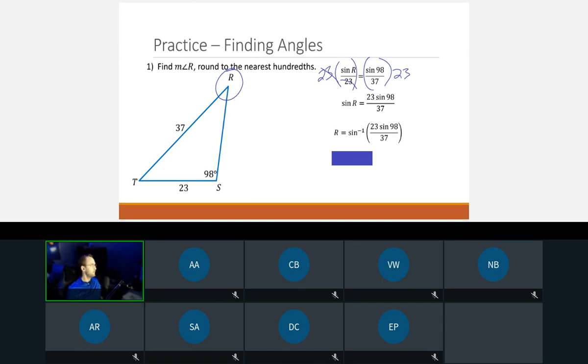Now, as you are typing it in, I need to remind all of you, the angles are in degrees. So if your calculator is still in radians from the stuff we did yesterday, typing this stuff in is going to give you a radian answer, not a degree answer. So you definitely want our answer in degrees and not radians.